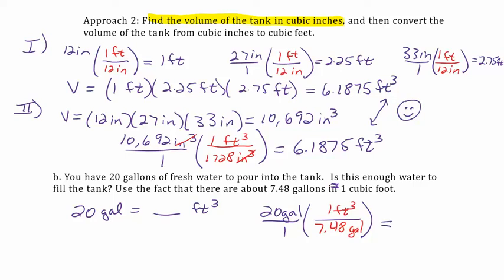So 20 divided by 7.48 is 2.67 cubic feet. So we've got 20 gallons of water, which is 2.67 cubic feet of water.